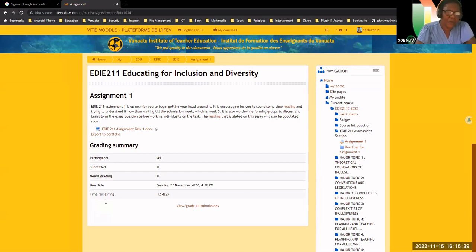For instance, if one of the learning theories is constructivism, how will you use that constructivism learning theory to achieve the goals in maybe the Inclusive Education Policy or the Salamanca Statement? You need to know the learning theory well before you are able to discuss this in section B, which is another 15 marks.